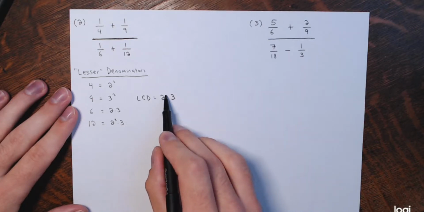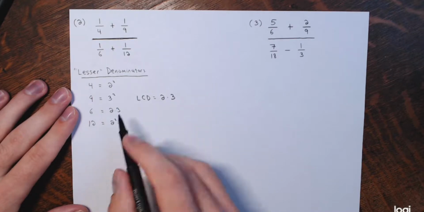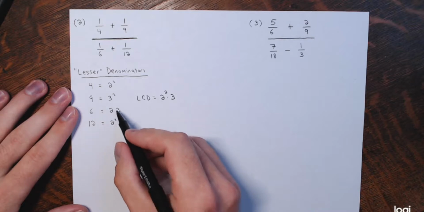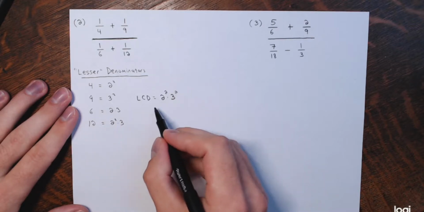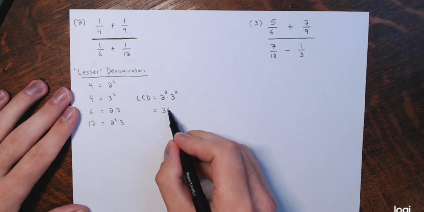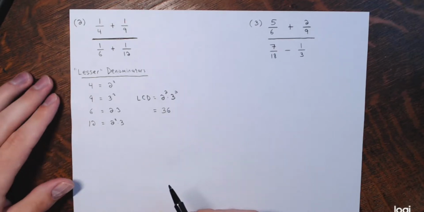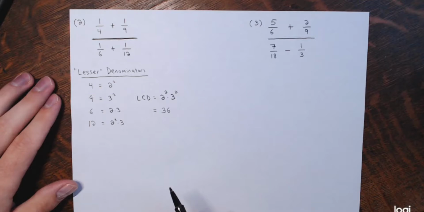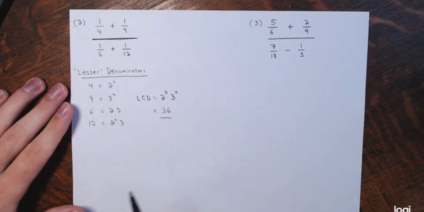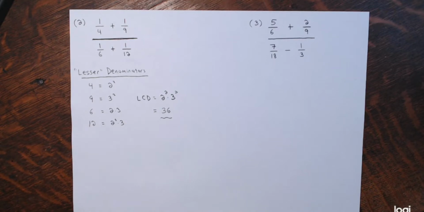The highest power on any of the 2's is 2 squared. The highest power on any of the 3's is 3 squared. And 2 squared is 4, 3 squared is 9, so this is 36. Again, you might be able to tell what the least common multiple of the denominators is without doing all this, but the least common denominator would be 36.